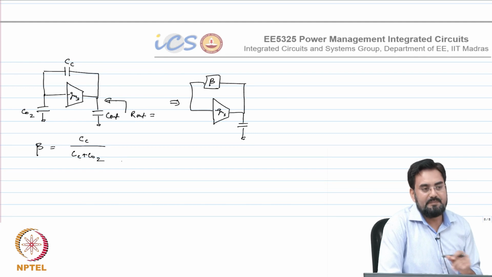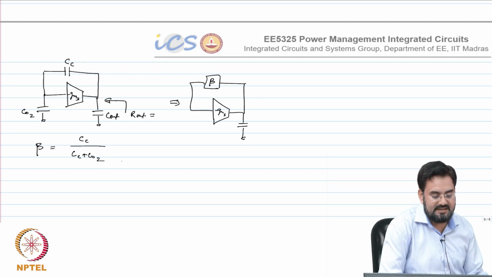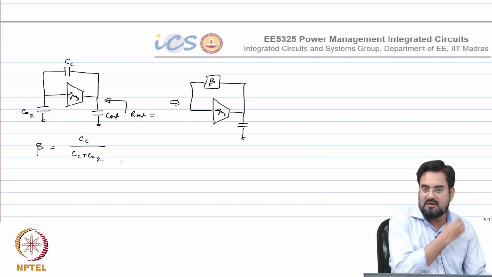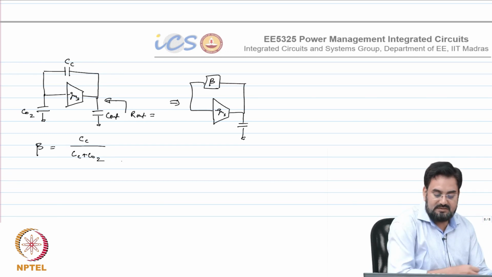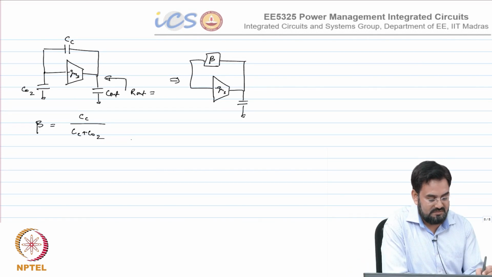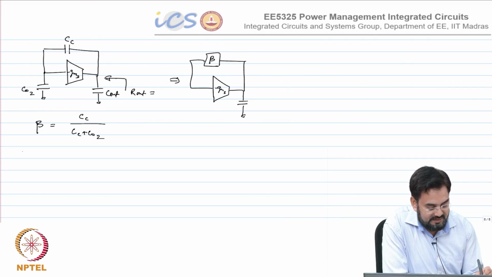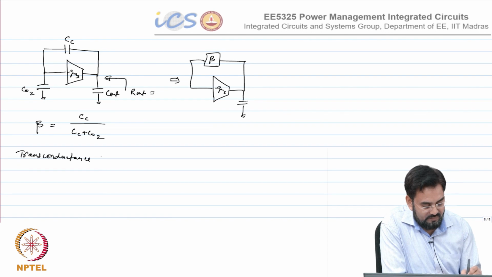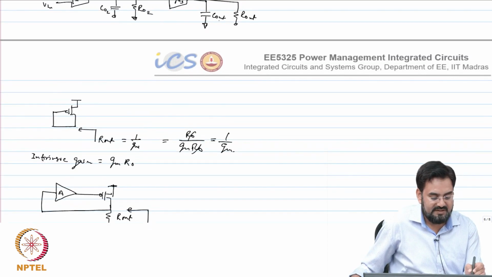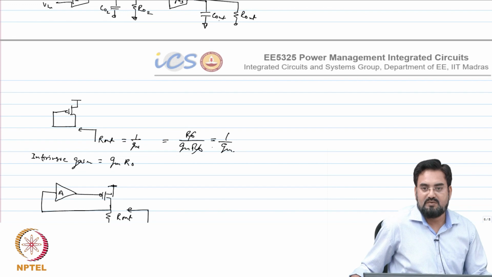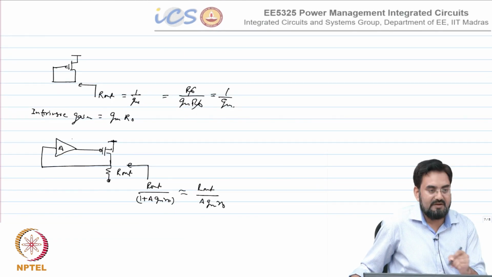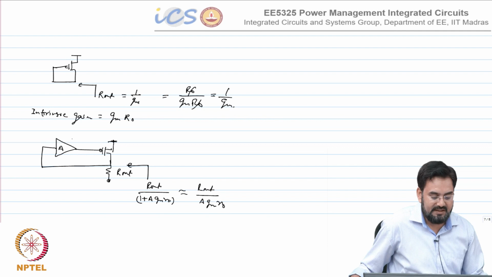So, one way looking into the impedance, if I say that I want to find the Gm of this, how will the Gm3 scale? The transconductance. If you are looking here, you know that with the unity gain it is 1 over Gm, okay, and if you have an amplifier in the feedback with A, that becomes 1 over A times Gm, correct.